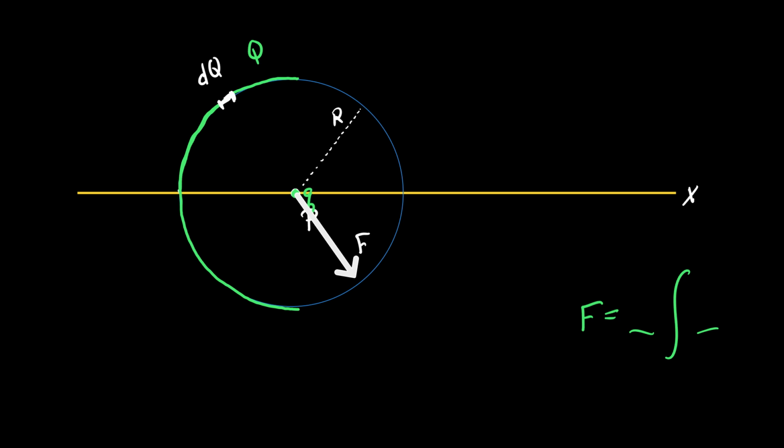Now, your job is to find a way to identify where that piece of charge is using some variables that you create that can help you determine each piece of the charge. For example, I'd probably say that dq is a small bit of arc length long, say ds.